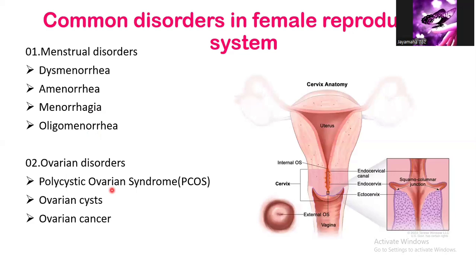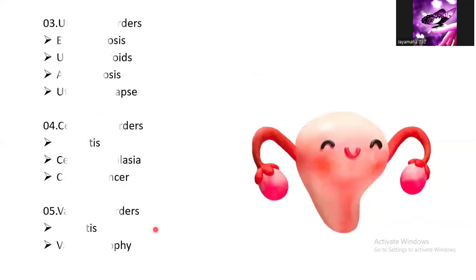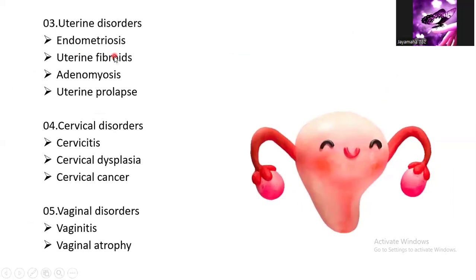It is characterized by irregular periods, ovarian cysts, and infertility. An ovarian cyst is a fluid-filled sac on the ovaries that causes pain and complications if it ruptures. Ovarian cancer is a malignant growth in the ovaries, often detected at a late stage due to vague symptoms.